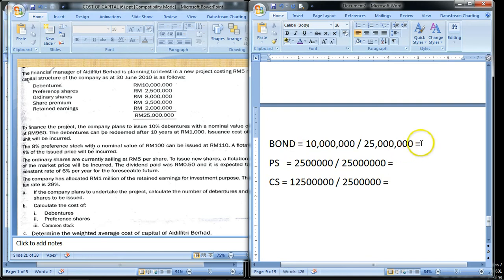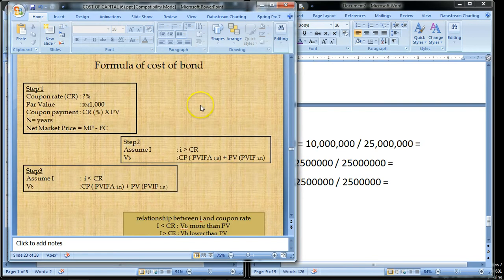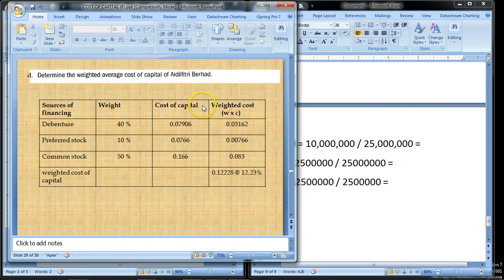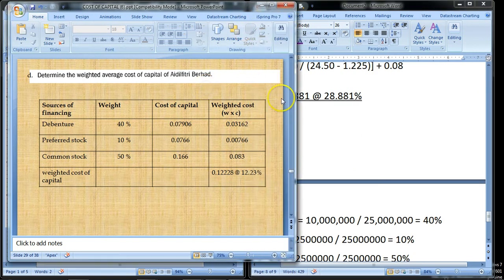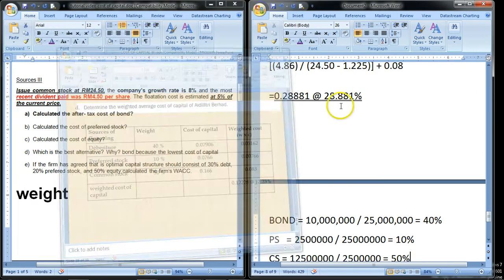So you realize that all your percentages will add up to 100. This is the step I show you. In the question, this is 40%, this is 10%, and this is 50%. So this is the way to calculate weight if the question does not give you any weight.